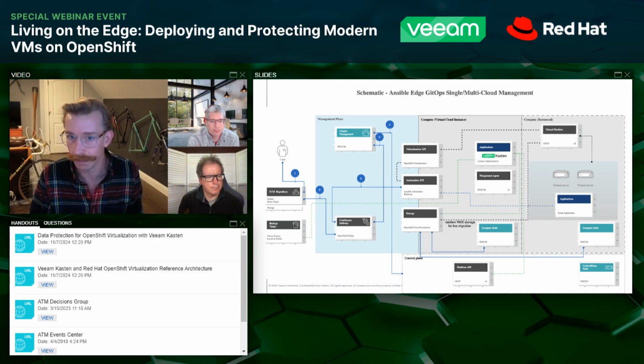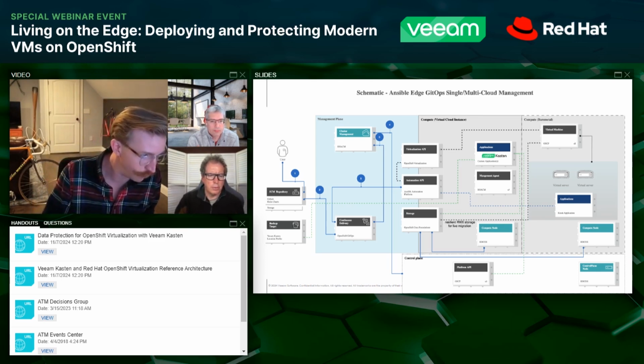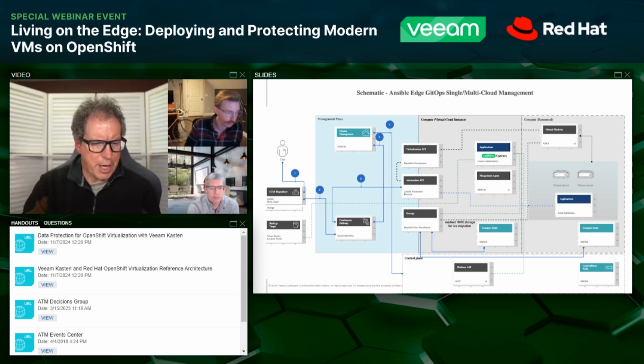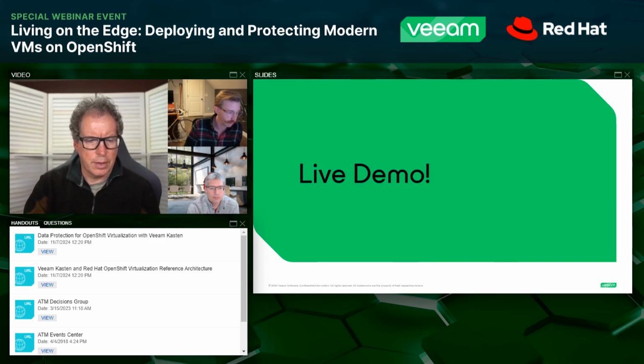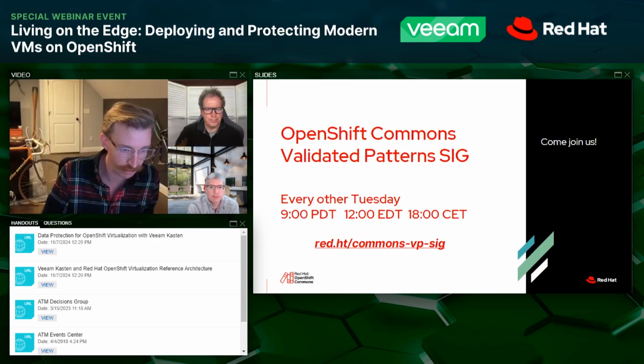Interesting, that's not updated on my screen. Scott, can you confirm that we can see the OpenShift Commons validated pattern SIG slide right now? Right now we're seeing the schematic. Schematic still? Okay. Oh, there we go. Excellent.